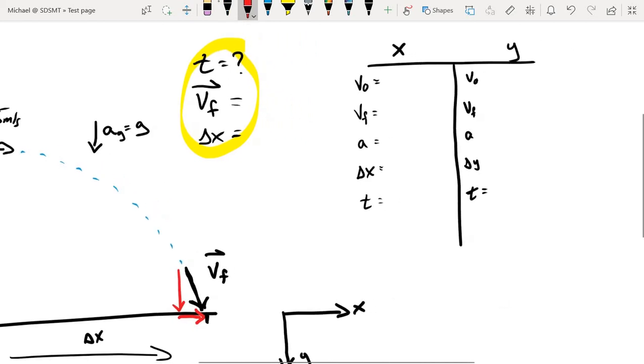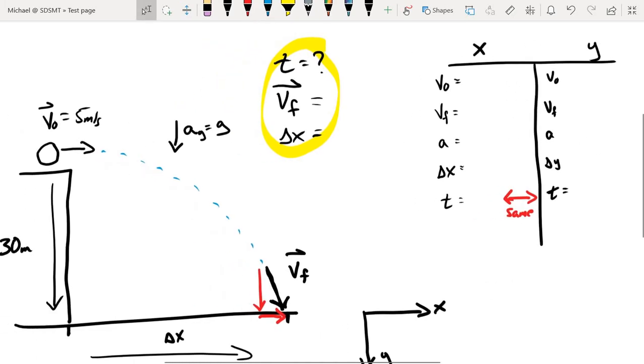And that's kind of important, because if these 2 values are the same, then that is the connecting aspect of this problem. So maybe we can use time to jump back and forth between those 2 axes if we don't have enough information in one column or the other.